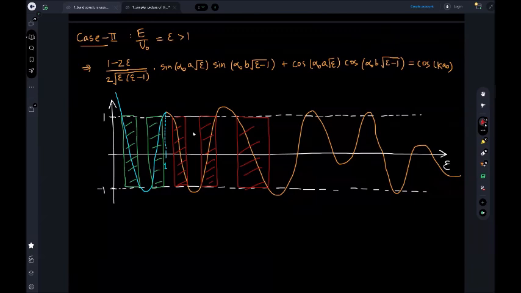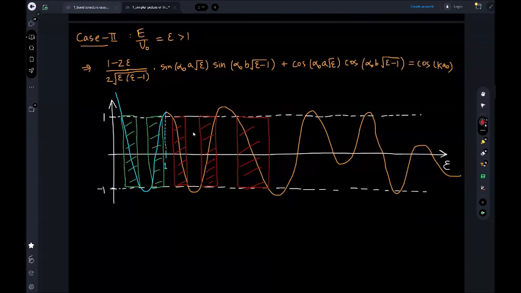For example, this gap right here, this range of energy, there would be no solution. Again, this range of energy, no solution. No solution for this range and this range and this range. So this is the important point. What I'm trying to say is that there are only certain bands of energies that are allowed.